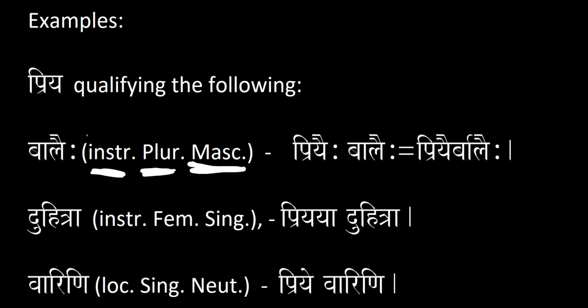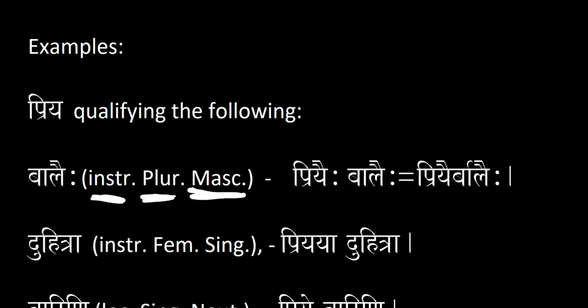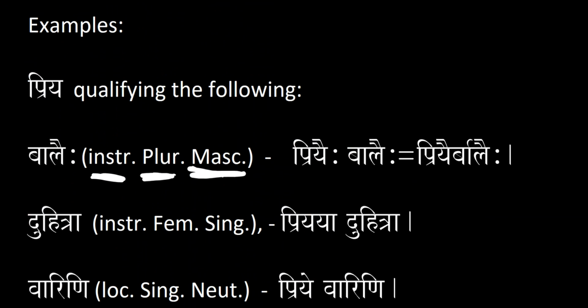So baleih, that means if it's masculine, priya has to be declined like kupaha. So that is why you end up with priyaih baleih. It just so happens that baleih is also declined like kupaha.